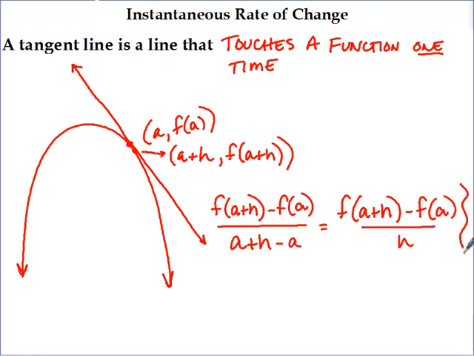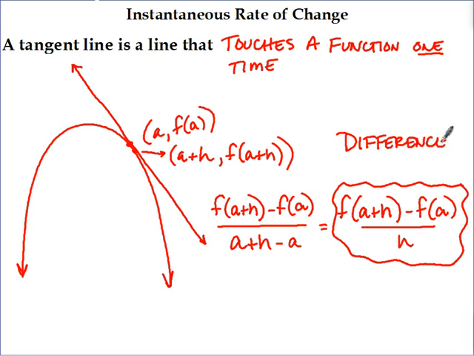It gets a special name in calculus. It's called the difference quotient. And that's just taking the slope of 2 points that are very, very close to one another. So whatever a happens to be, we're just going to add a little tiny bit to it. We're going to add h. And that's going to give us a good estimate of what the slope is.